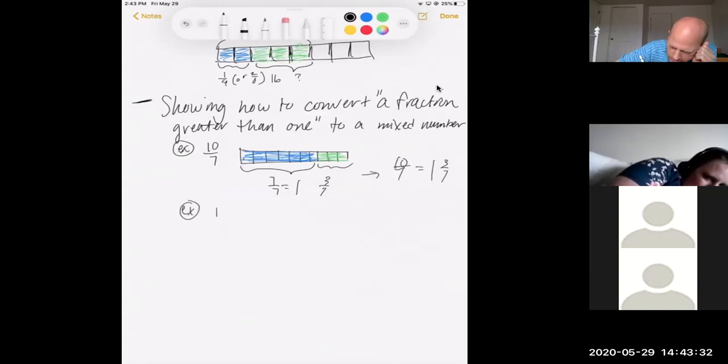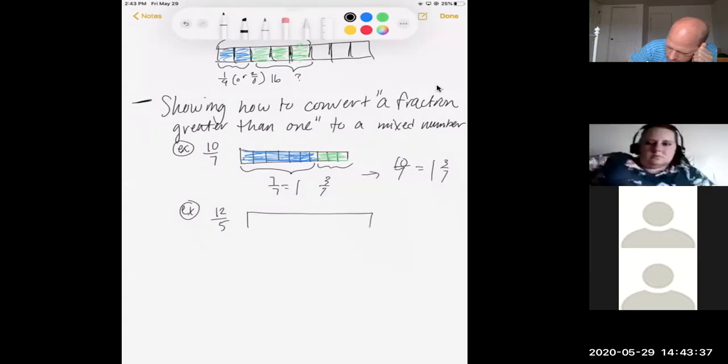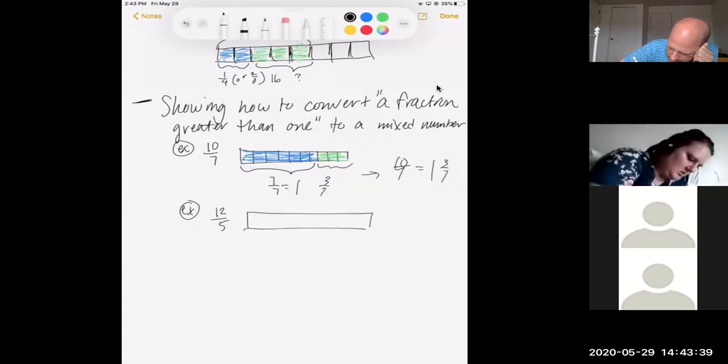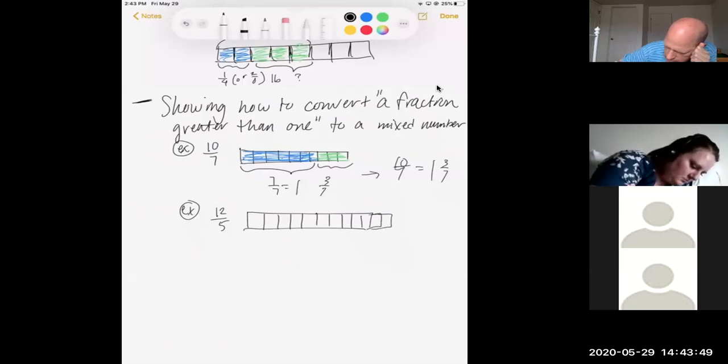An example that you can work out on your own is 12/5. Let's see here. So I have 1, 2, 3, 4, 5, 6, 7, 8, 9, 10, 11, 12. Okay, so here's 12/5. I count out 5 and group them. I count out another 5 and group those. And then there's 2 left. So that's 2/5.